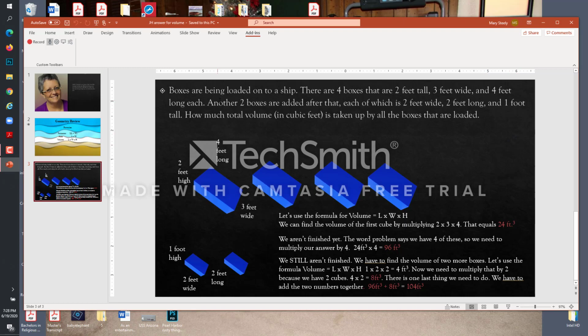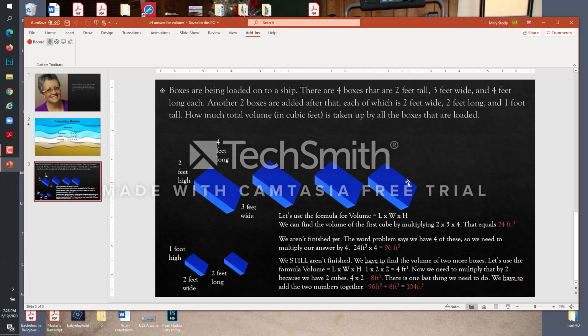So boxes are being loaded onto a ship. There are 4 boxes that are 2 feet tall, 3 feet wide, and 4 feet long each. Another 2 boxes are added after that, each of which is 2 feet wide, 2 feet long, and 1 foot tall. How much total volume in cubic feet is taken up by all of the boxes that are loaded?